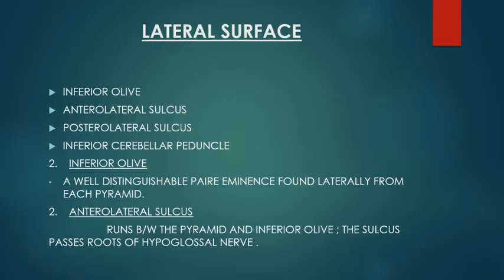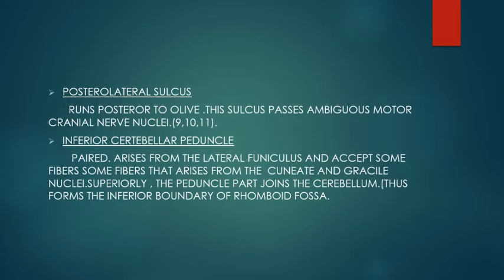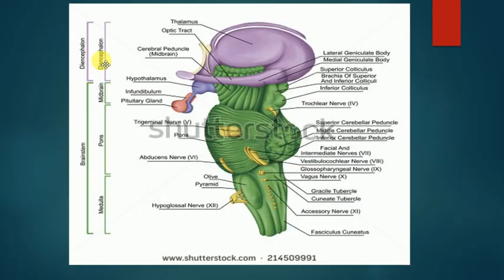And here we study the inferior cerebellar peduncle. We can see the next picture here. Vestibulocochlear nerve, cranial nerve 8.